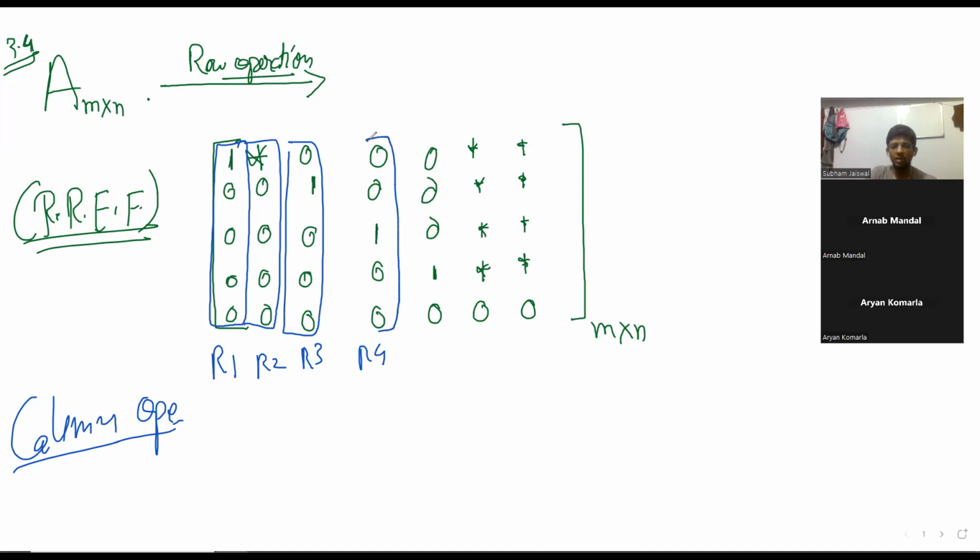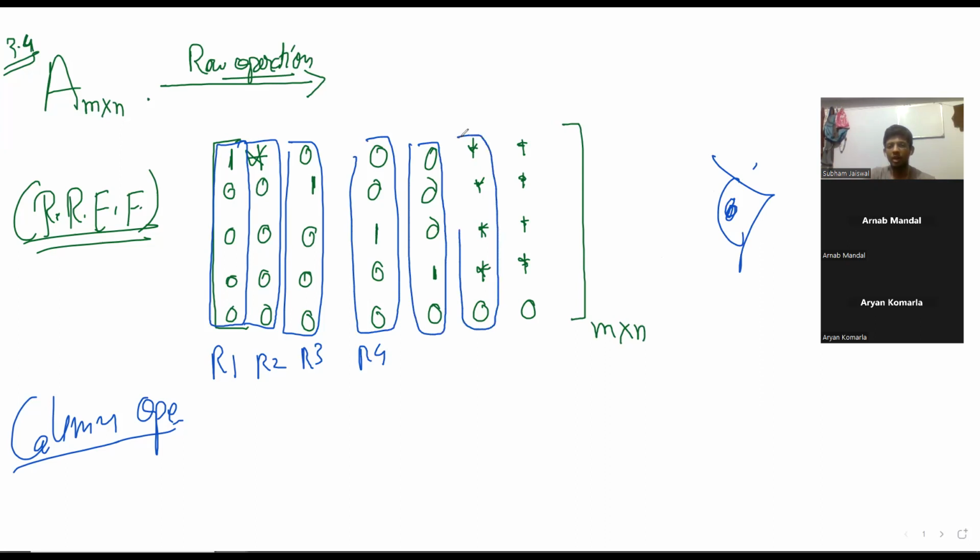If you think of all these things as your rows and look at the matrix like this, then if you do row operations, what can you do?